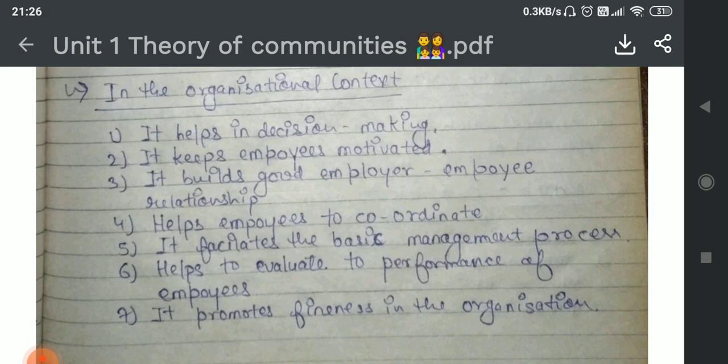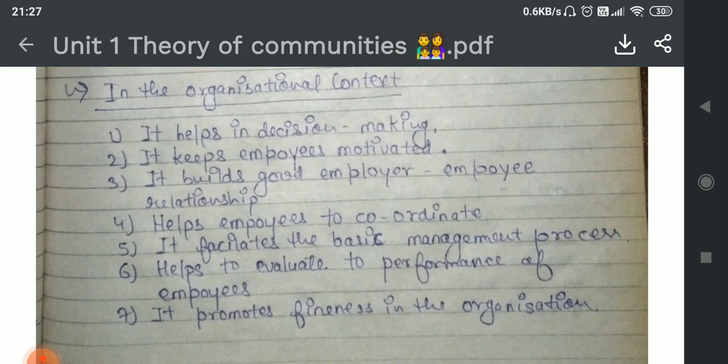Then it builds good relationship between employee and employer, right? That is also true. Then it helps employees to coordinate. They coordinate well because they can talk to each other, they can give instructions to each other, they can help each other. So yeah, it helps them to coordinate.